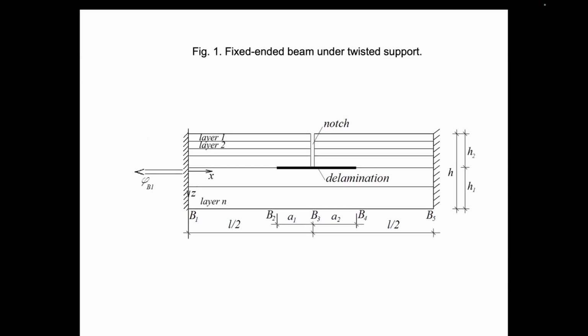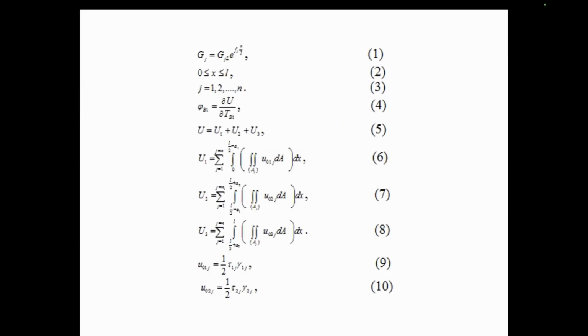Since the layers of the beam are inhomogeneous along the beam length, the shear modulus changes smoothly. This change is defined by formula number 1. The quantities x, L, and n are defined in figure number 1.